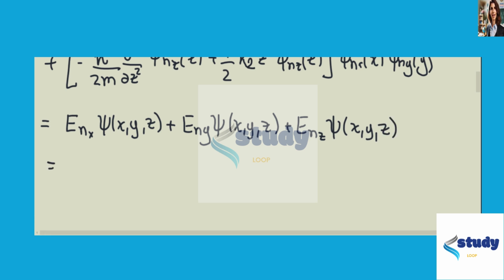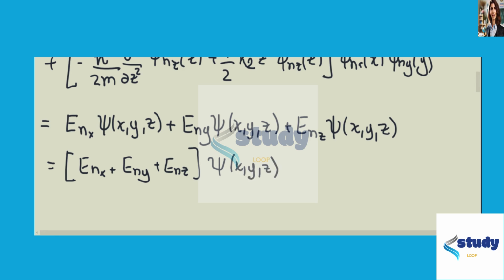So this is just the sum Enx plus Eny plus Enz, times psi of x, y, and z.